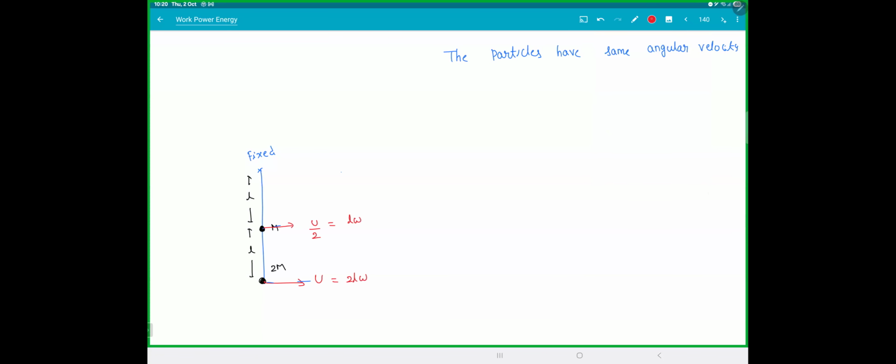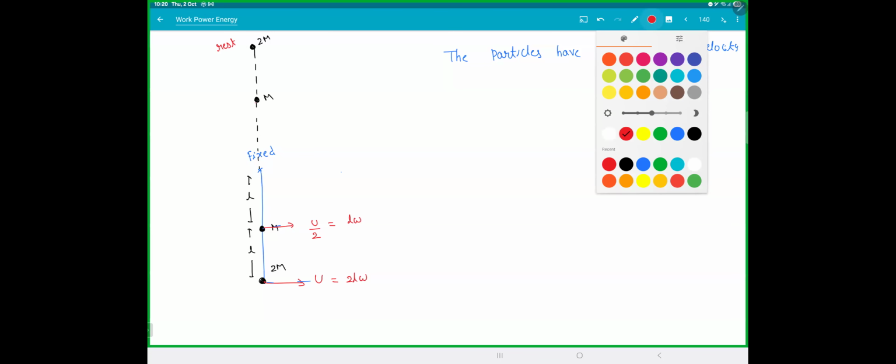Both of them won't have same speed. And when this particle reaches this position here, this will be 2m, this will be m. Since it is a light rod, they will just come to rest momentarily, since rod can push.